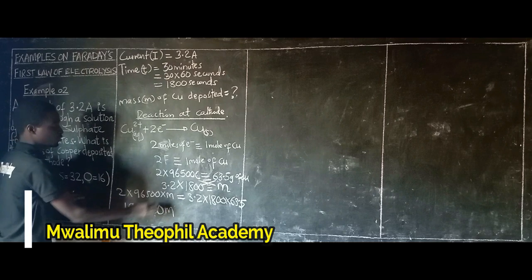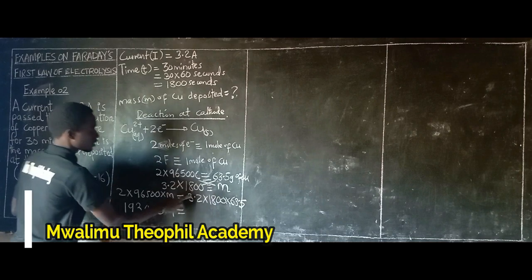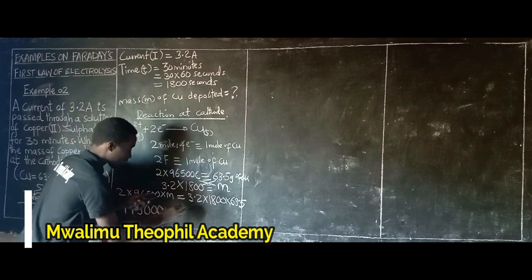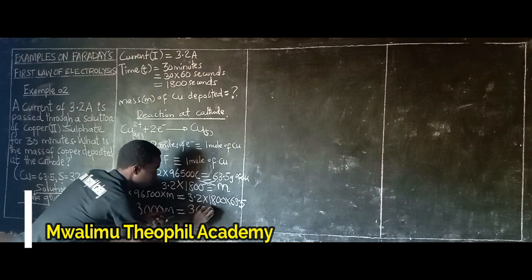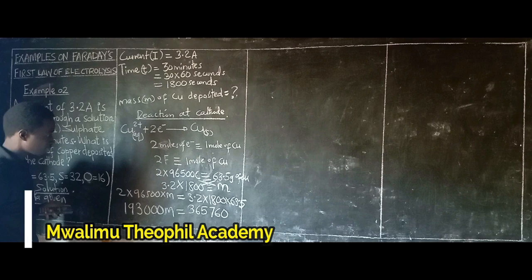As you know, m is not known. Now this value will be equal to 3.2 times 1,800 times 63.5. When you multiply this, you get 365,760. Now this is the answer we get on the right hand side.